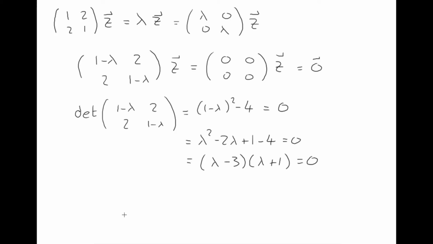Now, if we have two terms that are multiplied together to equal 0, we have two cases in which this equation is satisfied: when lambda minus 3 equals 0, or when lambda plus 1 equals 0. And so lambda is either equal to 3 or minus 1, which is what we saw when we pictorially showed the transformation.